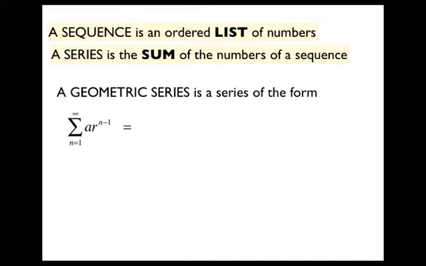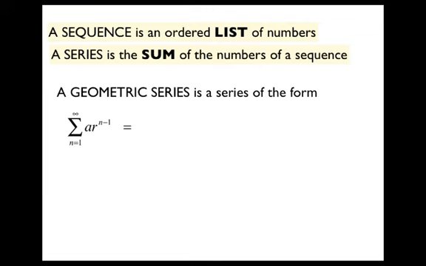Andre, you're up. A and r are constants. So what does this equal? It equals 1 plus ar plus ar squared plus ar to the third power. Almost, what's the first term again?